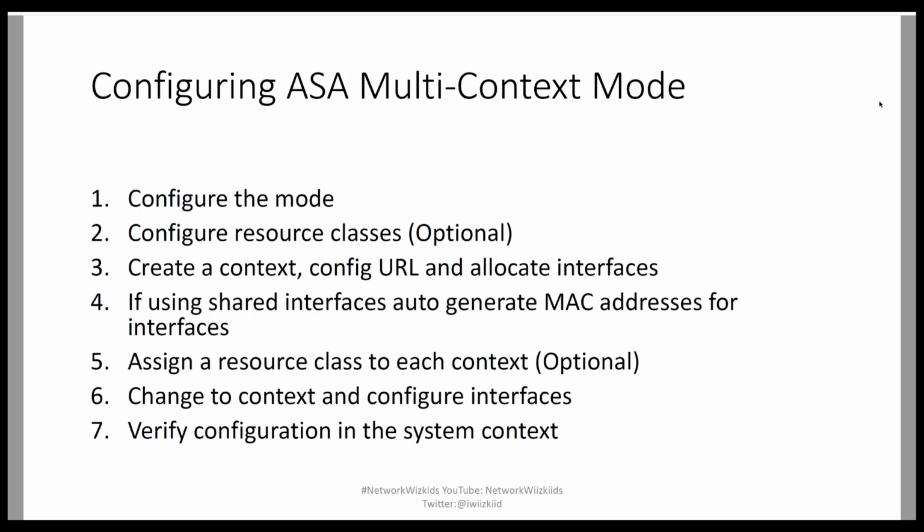If you don't want to use auto generation, you can manually specify MAC addresses to be used. Once you've done that, assign a resource class to each context. Again, this is optional, and will probably only be done if you have carried out step number 2.